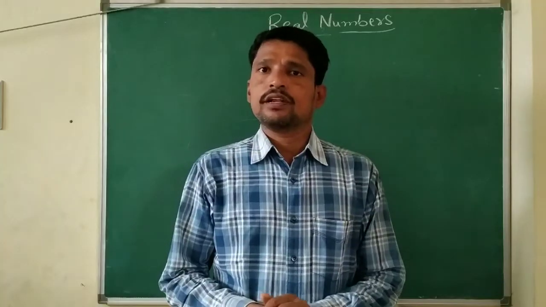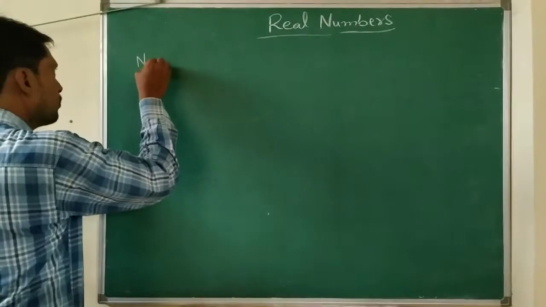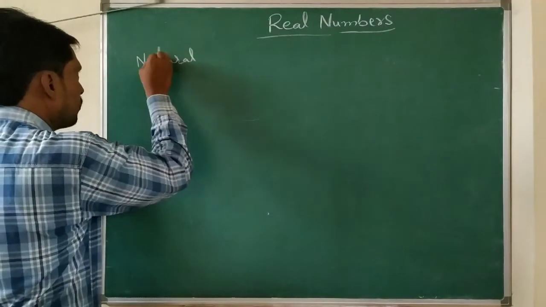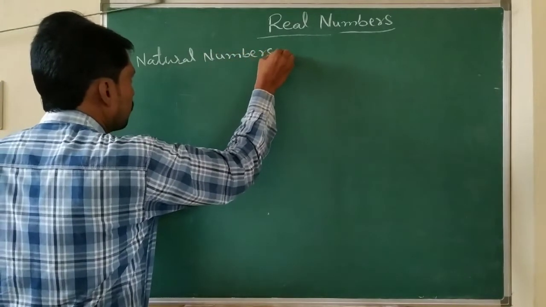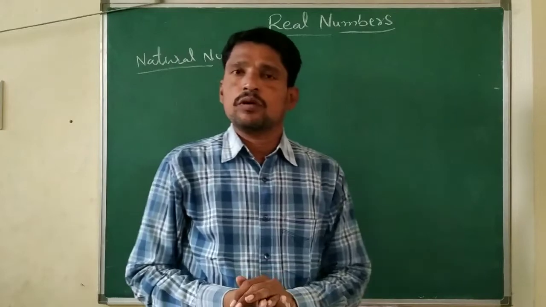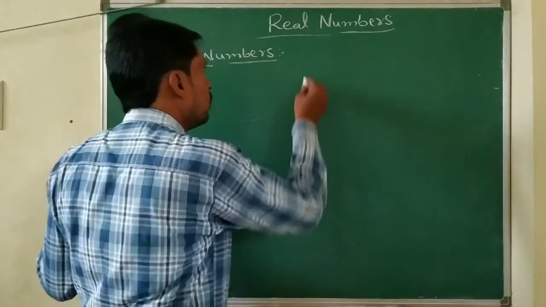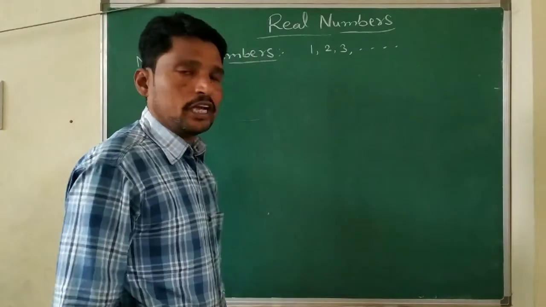Next one is natural numbers. What are natural numbers? The counting numbers like 1, 2, 3, and so on are called natural numbers.